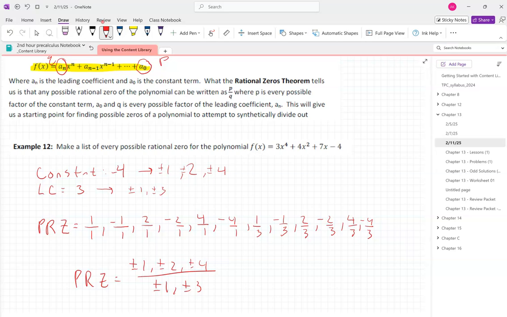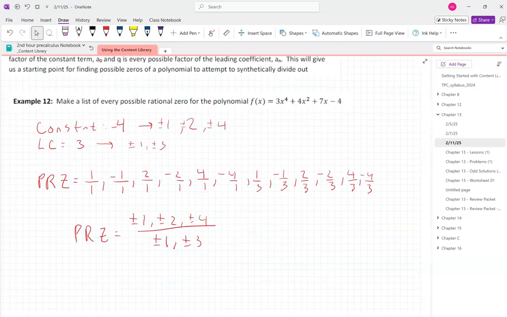Can I do any better than that? Well, when I was your age in the same class, there were some tricks that we had to weed this list down, but for the most part, we just had to check.